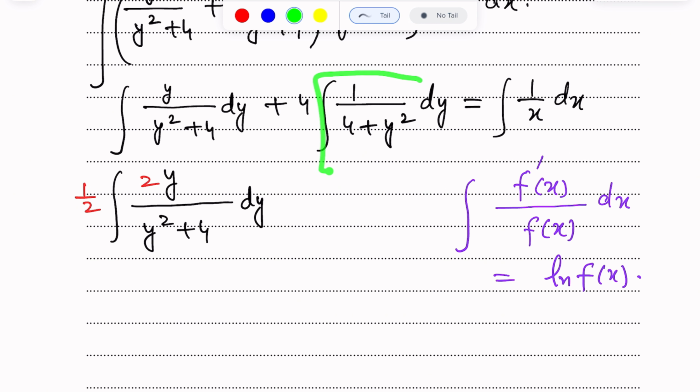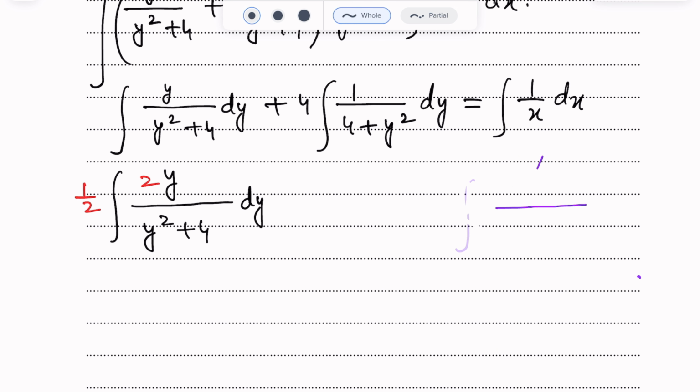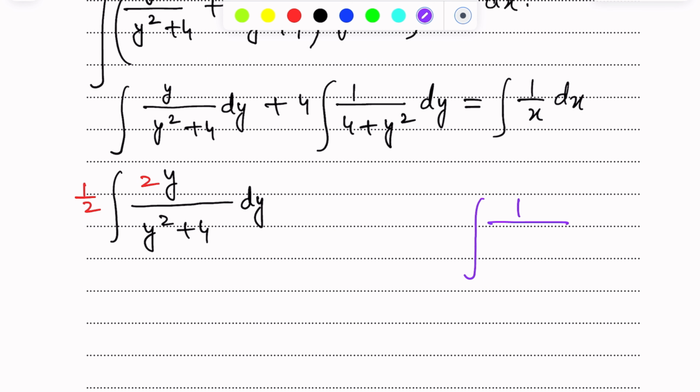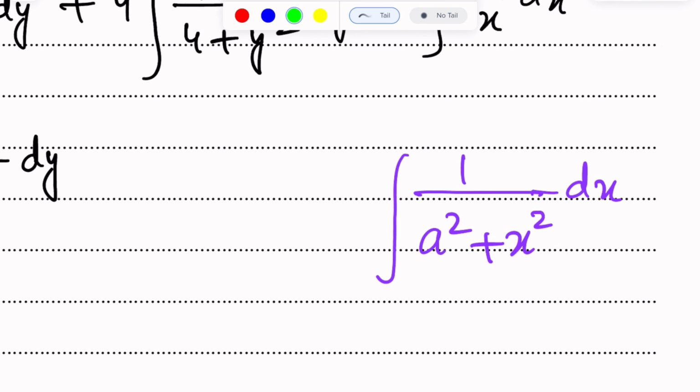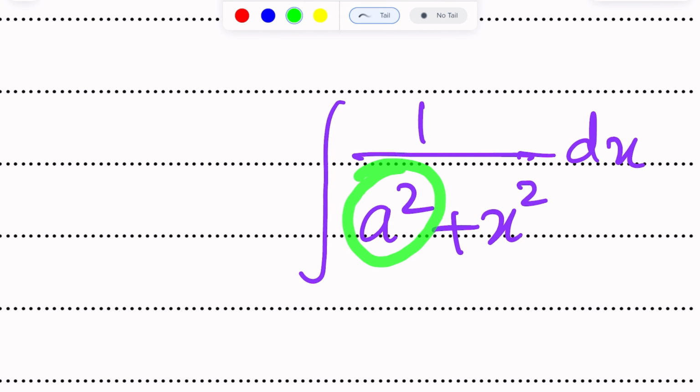Now for this integral, we will use this formula: integration of 1 over a square plus x square. Clearly, in the denominator two square terms are adding.